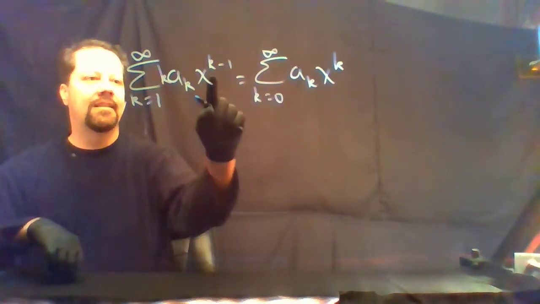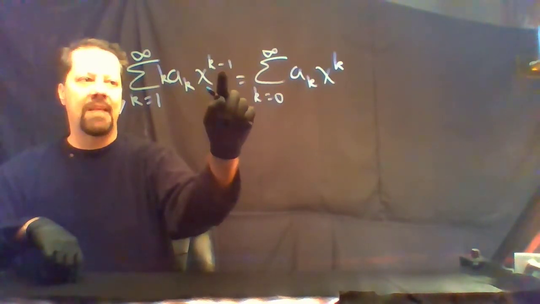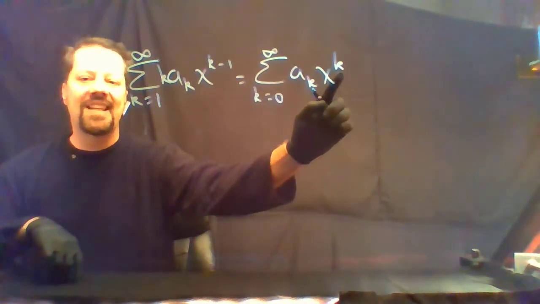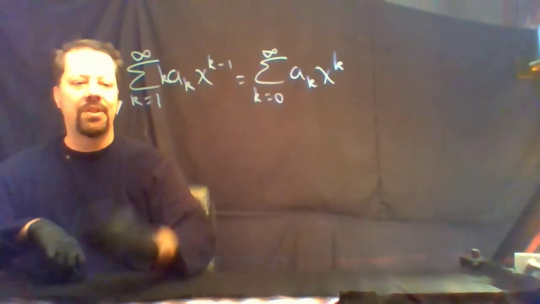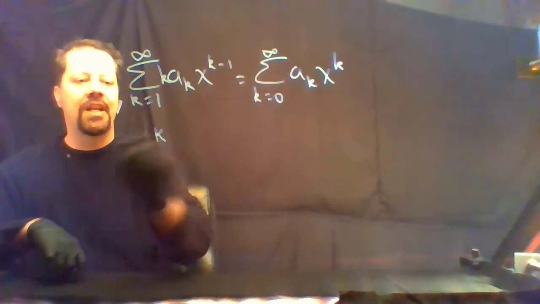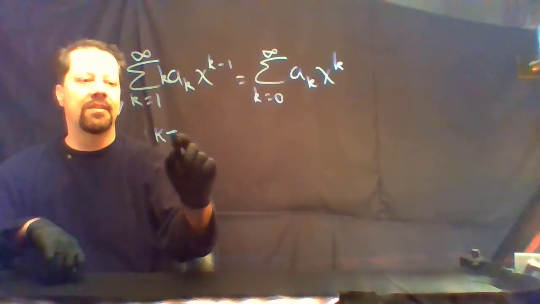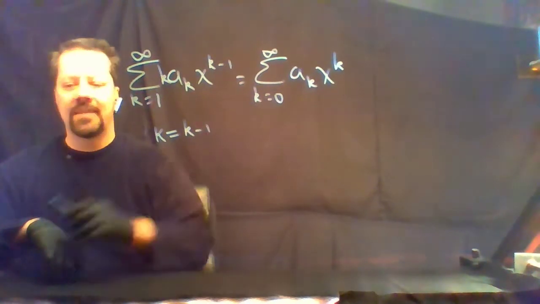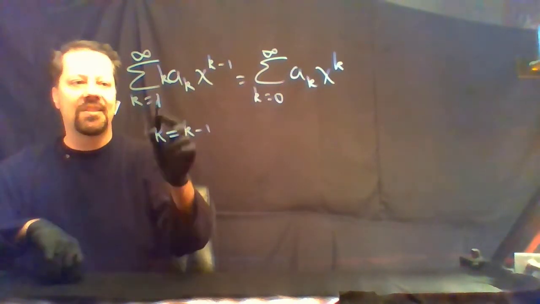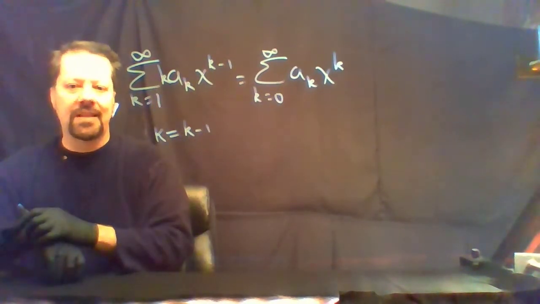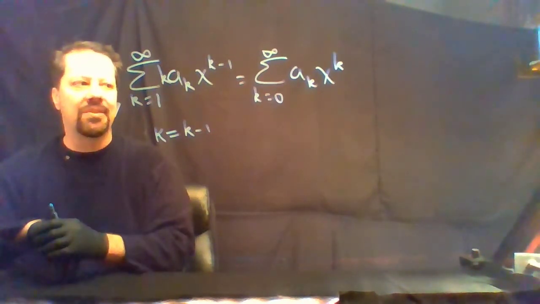I would like this exponent, k minus 1, to be the same as this exponent. To do that, I'm going to change the index to a new index. Technically, the index is kind of a dummy variable since it does not appear in the answer.